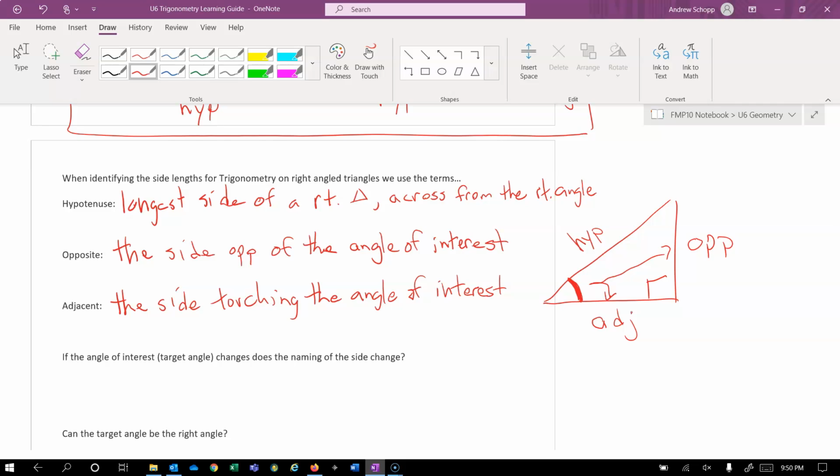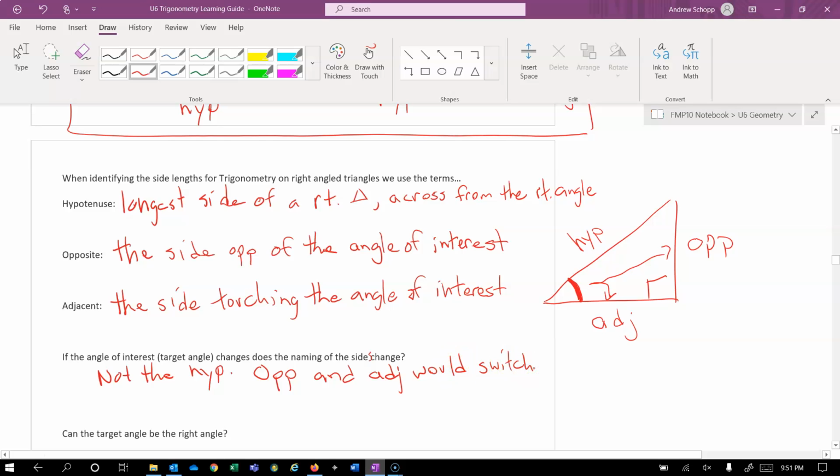If the angle of interest or the target angle changes, does the naming of the sides change? So not the hypotenuse, never changes, but the opposite and the adjacent would switch.